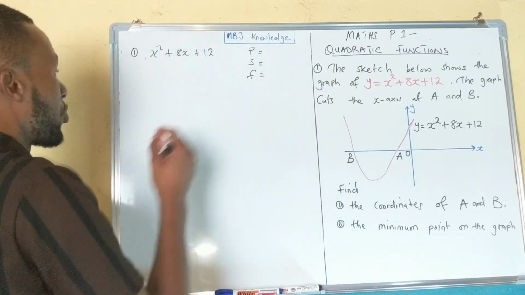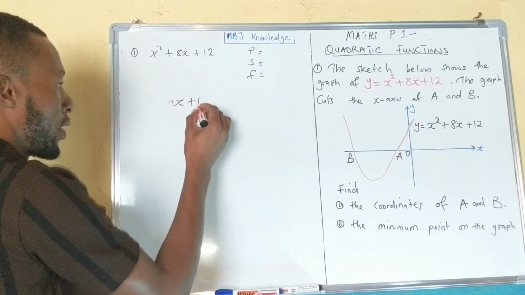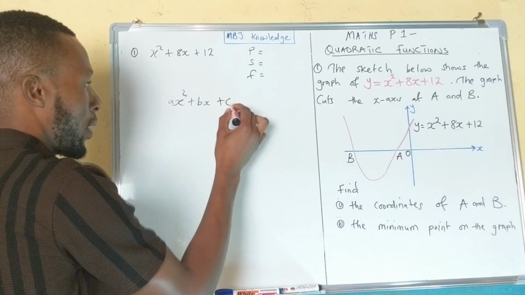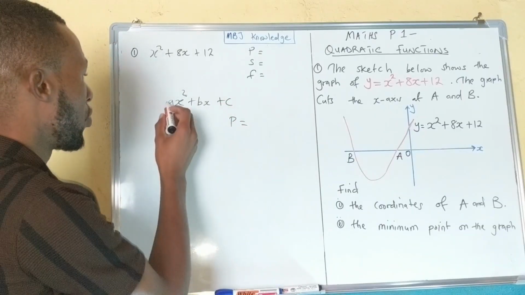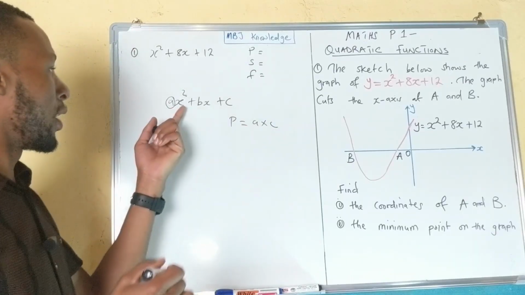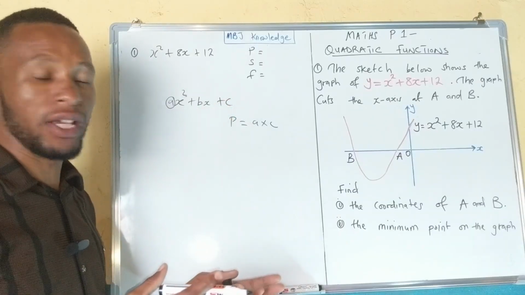So here, what is the product? When we go back to our general equation for quadratic, it looks like this: ax squared plus bx plus c. So product is given when you multiply a times c, meaning the coefficient of your letter with power 2 times the constant, a number that doesn't have any letter.